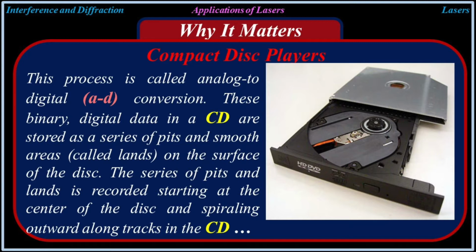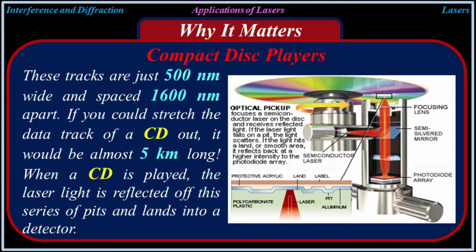These binary digital data in a CD are stored as a series of pits and smooth areas called lands on the surface of the disc. The series of pits and lands is recorded starting at the center of the disc and spiraling outward along tracks in the CD.